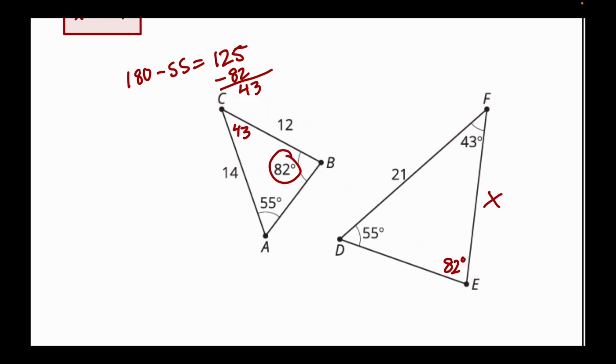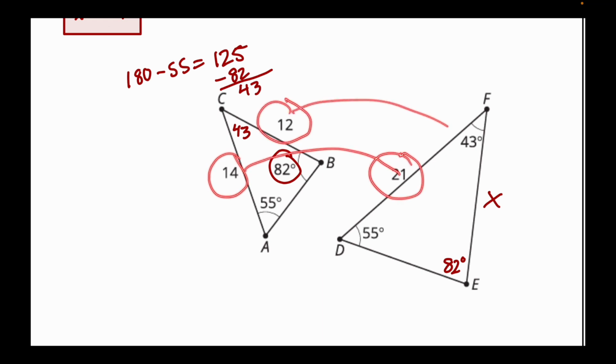So X is going to correspond with the 12. We have 14 and 21 as our other numbers here. You can check those are in between the 55 and the 43. So those will correspond. So I am going to say, if I take 14 and I compare it to 21, that should be the same as if I took 12 and compared it to X.